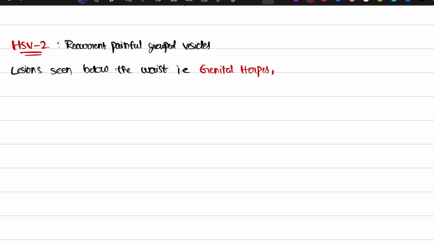Okay, it is going to cause Mollaret meningitis. So I hope you guys got the question. This guy said HSV type 2 ulcers will be below the waist. But why is he mentioning Mollaret's meningitis?